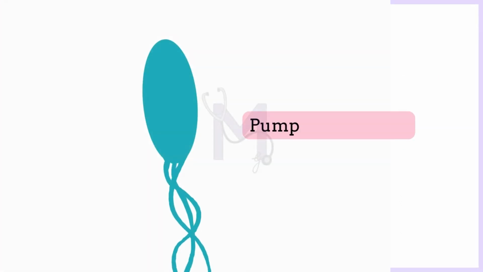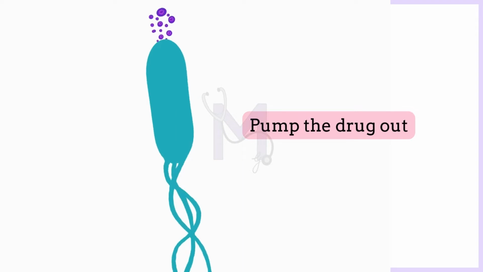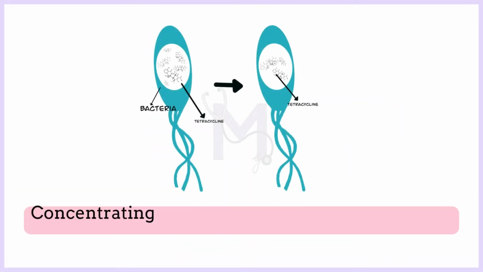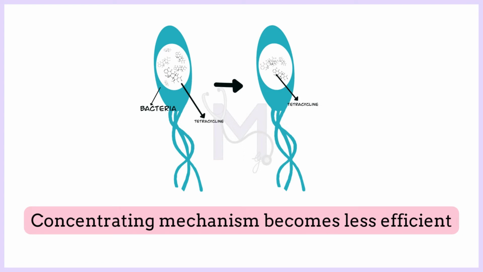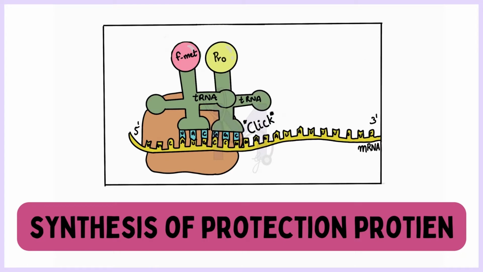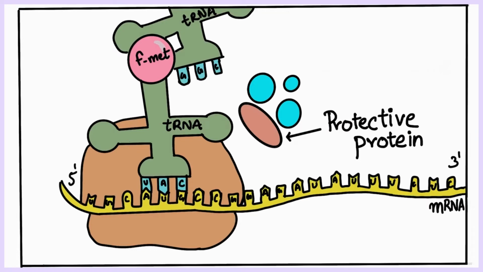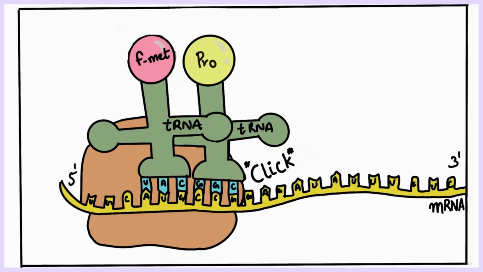Resistance occurs either due to bacteria acquiring the capacity to pump the drug out or the concentrating mechanism of tetracyclines becomes less efficient. Another mechanism for resistance is the synthesis of a protection protein which protects the ribosomal binding site from the drug. If you remember, binding to the ribosomal binding site is how tetracyclines work.